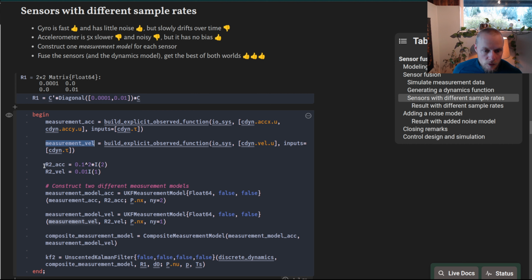Then I pick two covariance matrices for the measurements, one for the accelerometer and one for the gyro. And they actually have the same value here, the covariance matrices, but that's because the accelerometer is measuring in G. So this noise, if it wasn't normalized with G, it would be significantly larger here.